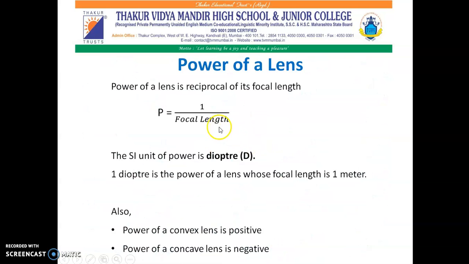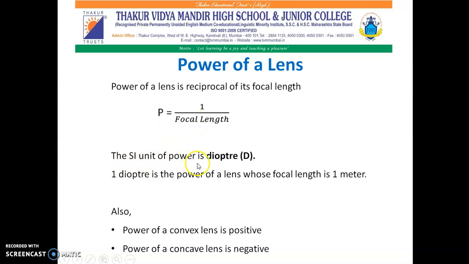Power of lens. The capacity of the lens to converge or diverge the incident rays is called its power. It is indicated by capital P. The power of the lens depends on its focal length and it is the reciprocal of its focal length. So the formula for the power is P = 1/f, where the focal length is expressed in meters.